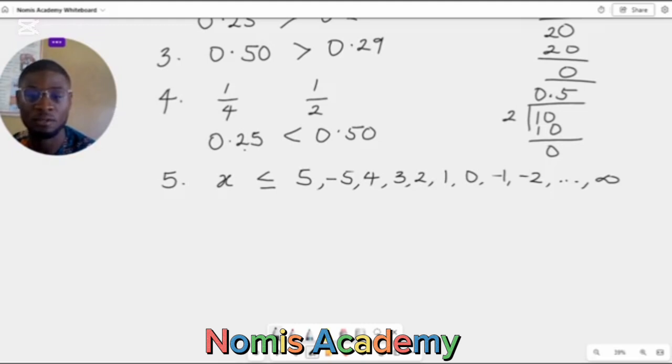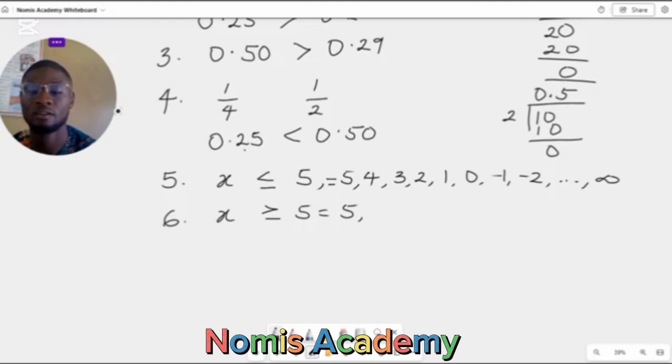Let's take, for example, number 6. We have 10 examples to solve here to understand this science of inequalities very well. So let's take x greater than or equal to 5. In this case, if I should tell the values of x, I will begin from 5, greater than or equal to 5.